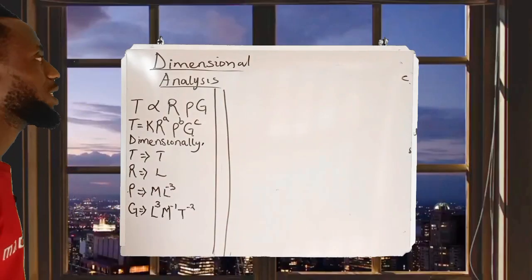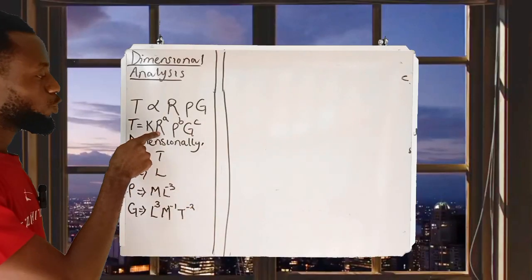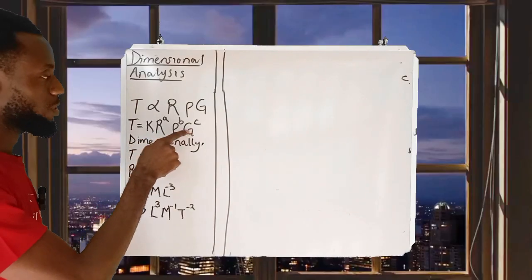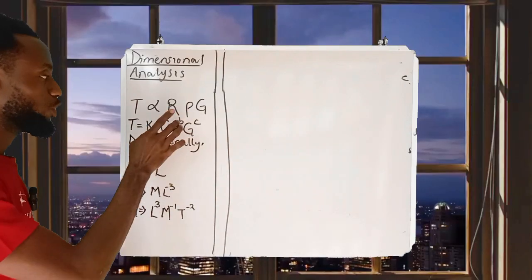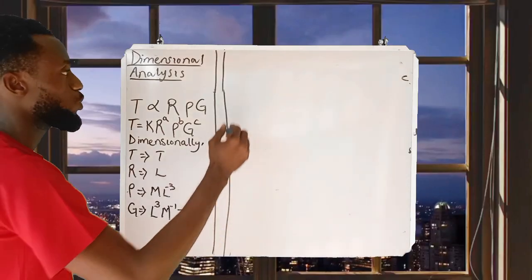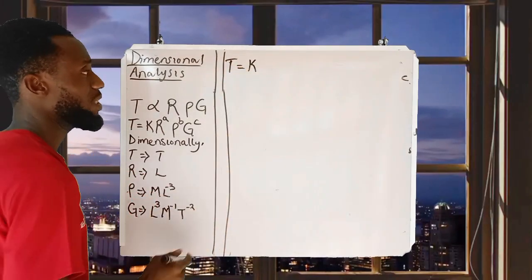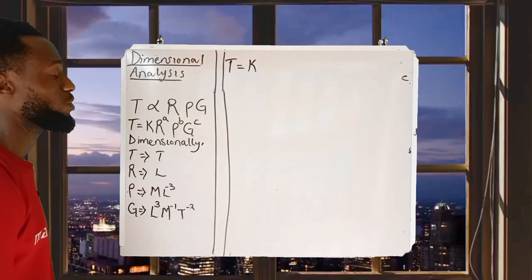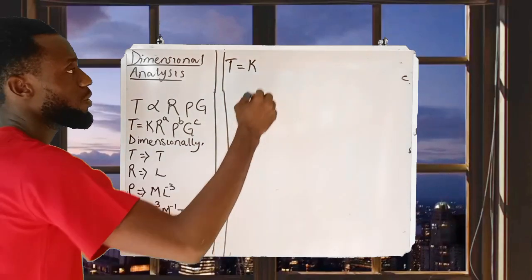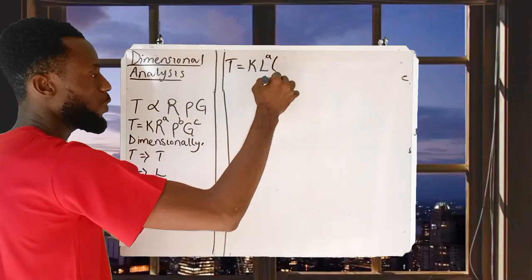So you know what we do next at this phase. We will now use these dimensions to replace the quantities and raise each dimension to the power that was listed in the question. So this becomes T equals, well, k is a constant and has no dimension, nothing to worry about. Changing arrow now to L raised to the power of a. Open a bracket.